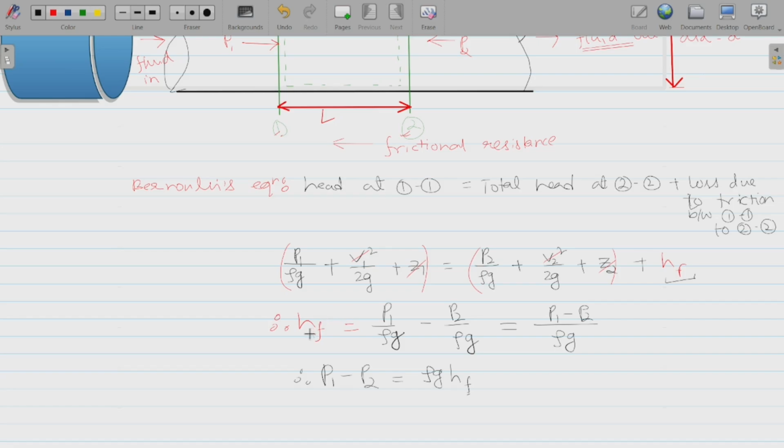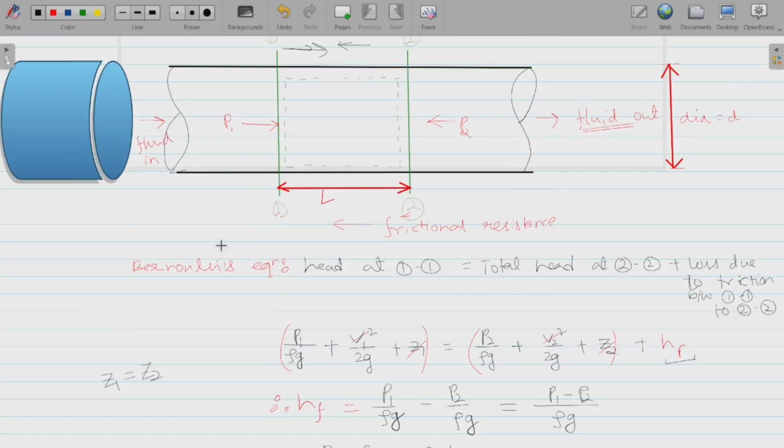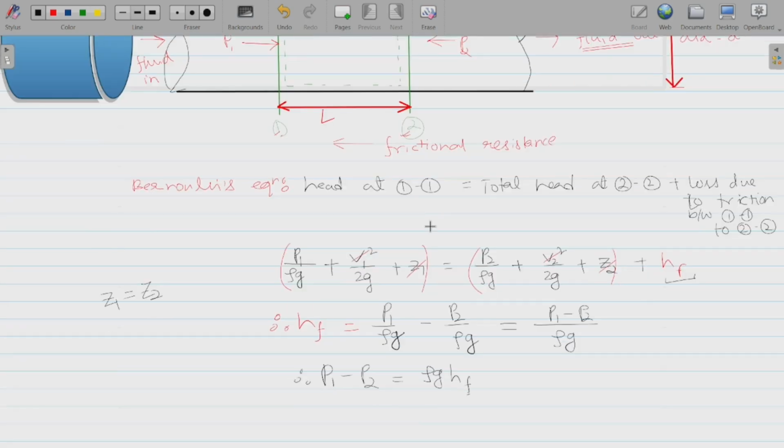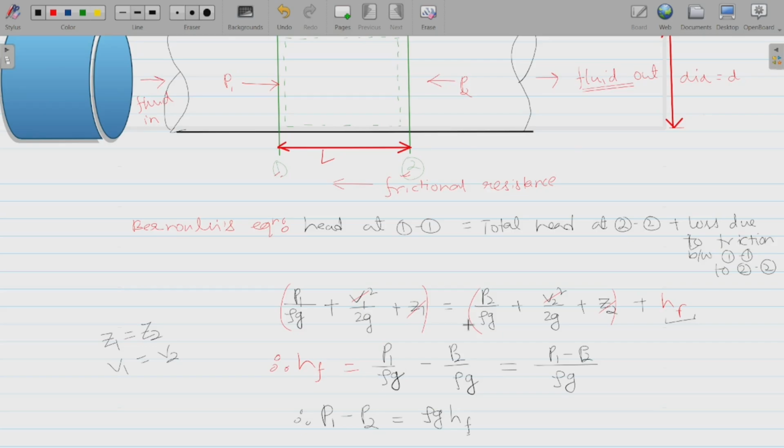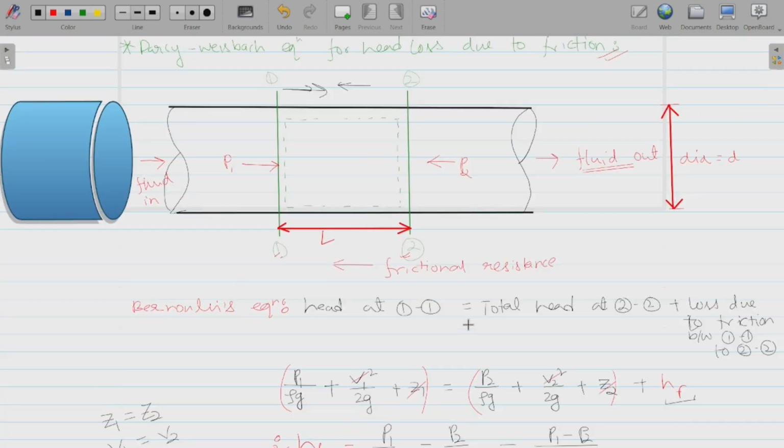Now, if you want to figure out the value of HF, note one thing here. Z1 is certainly equal to Z2. Z1 was the height from the datum line, and as the pipe is horizontal, the height remains the same. So Z1 equals Z2, and V1 is equal to V2. That means the velocities at section 1 and section 2 are equal in this case as well.